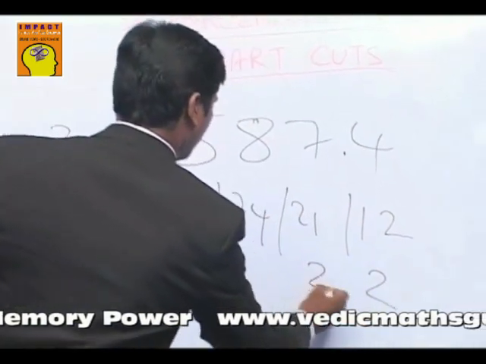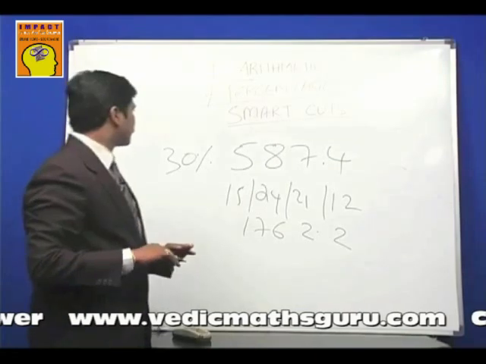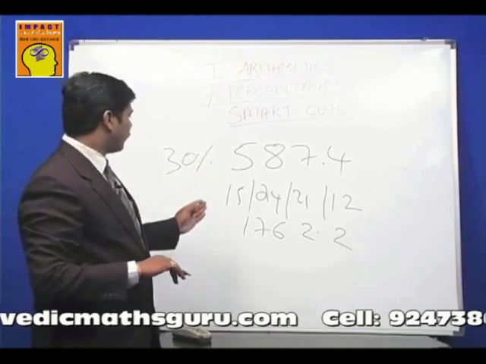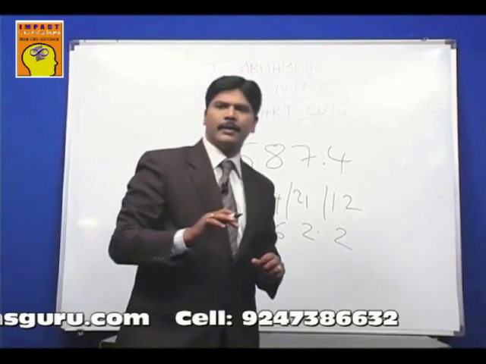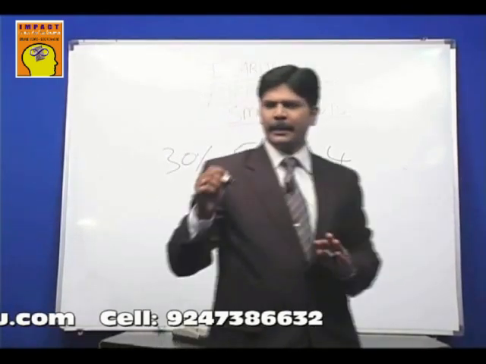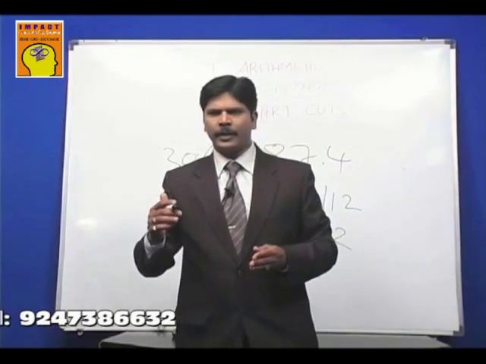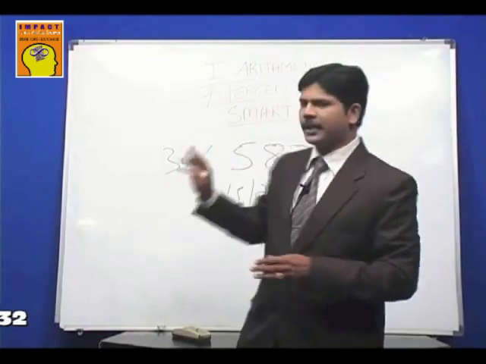So, 2, 2, 6 and 1, 7. Decimal before the last number and that's it. So, 30% of 5874 is 1762.2. So, using this method, we can access many percentages without working really hard, without making complicated calculations. We can access such percentages instantly.